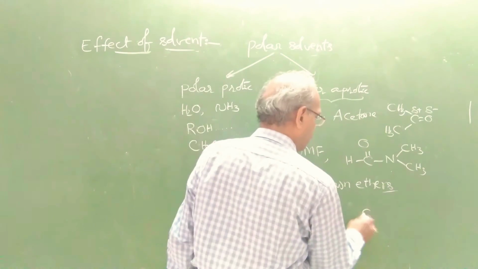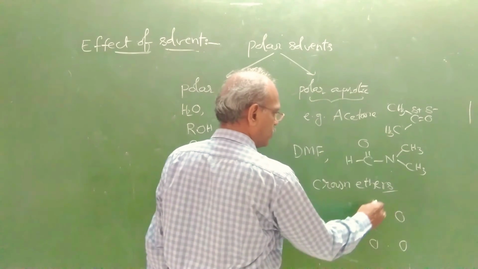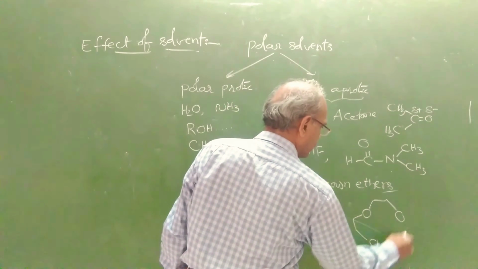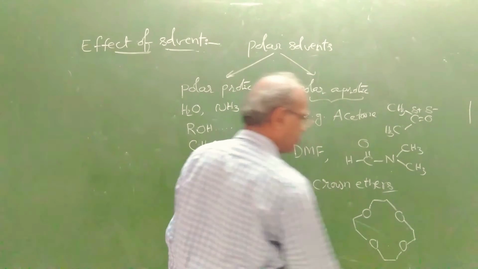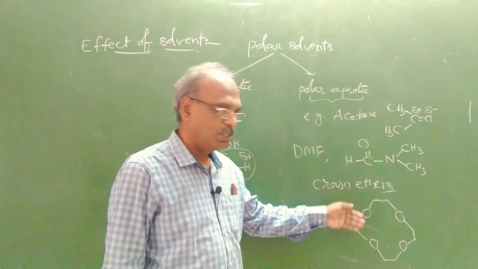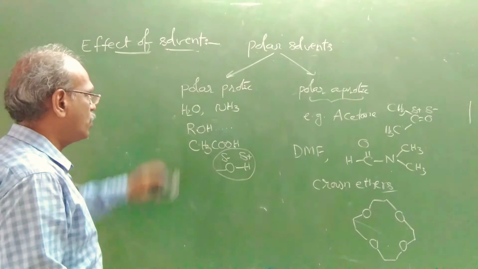For example, like this, at least 4 oxygens. The number of carbon atoms may be different. See, like that. So these also act as polar aprotic solvents.